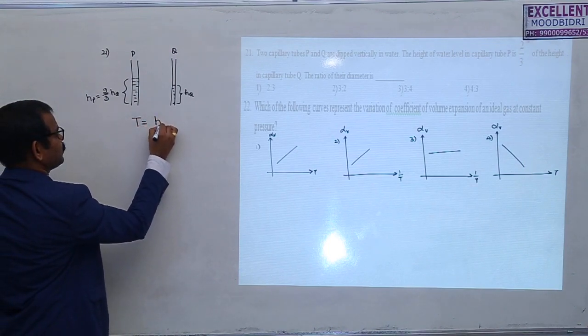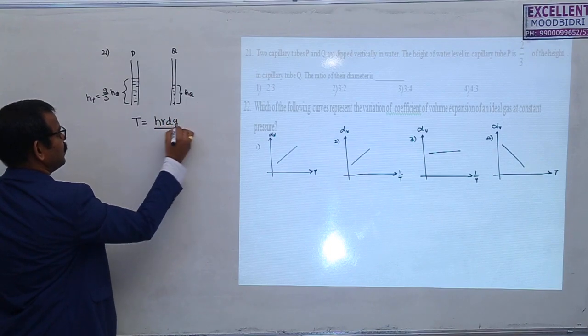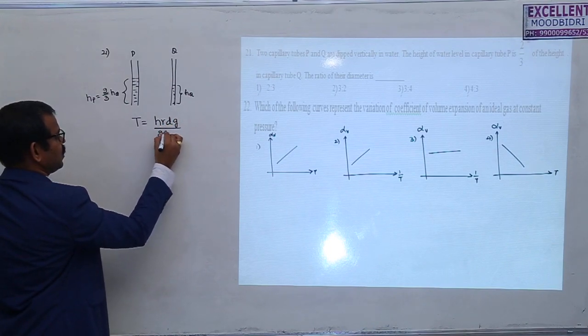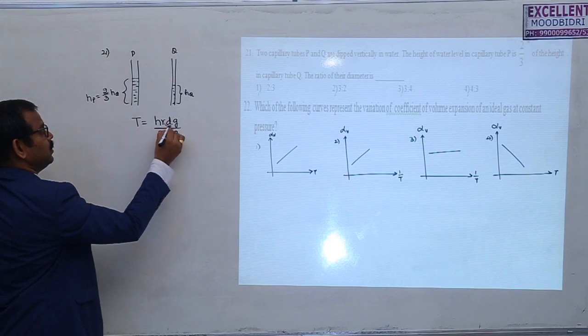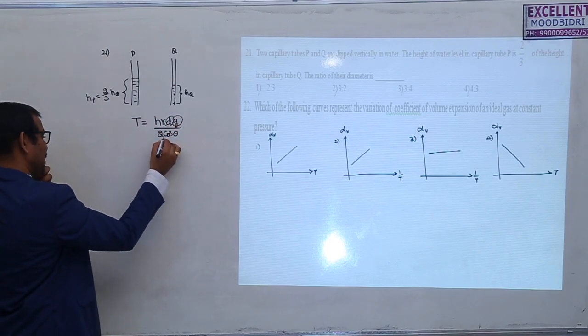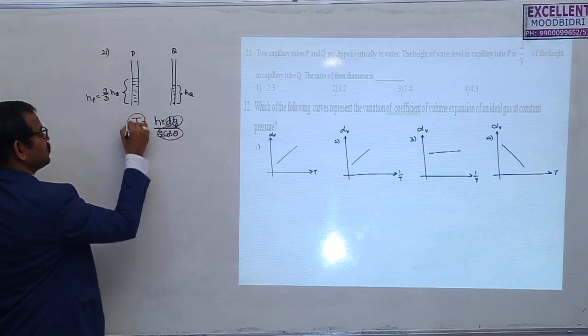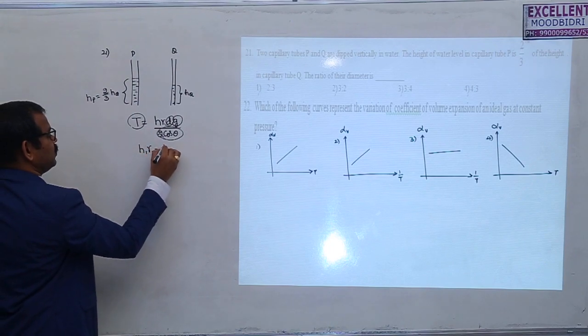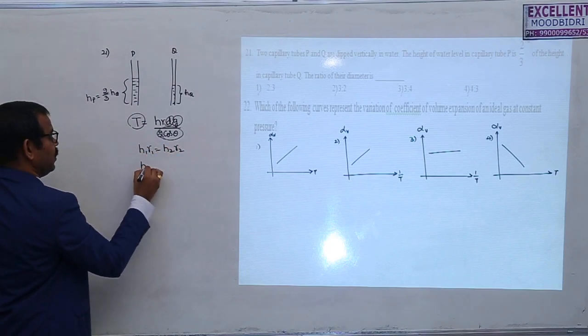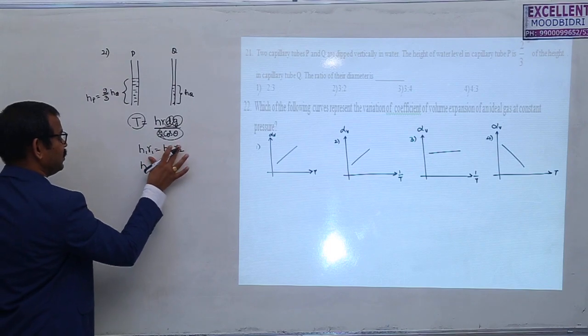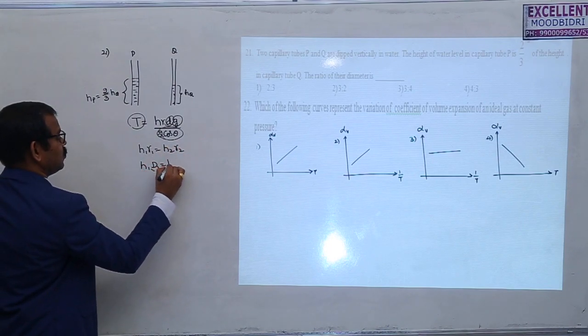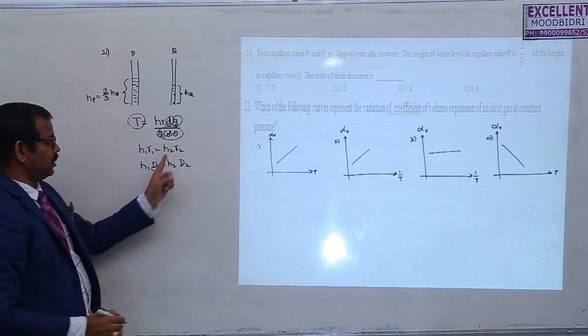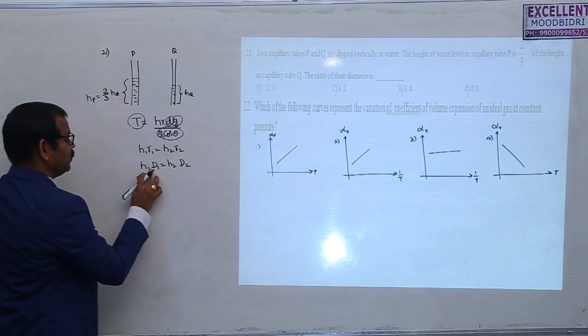From the surface tension capillary tube experiment, capillarity, surface tension is given by h r d g by 2 cos theta. Here d is the density, g is constant, cos theta is constant, so surface tension is constant. So H1 R1 is equal to H2 R2, or H1 D1 is equal to H2 D2, because radius is half of the diameter.